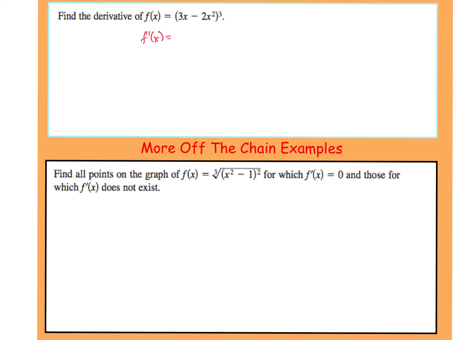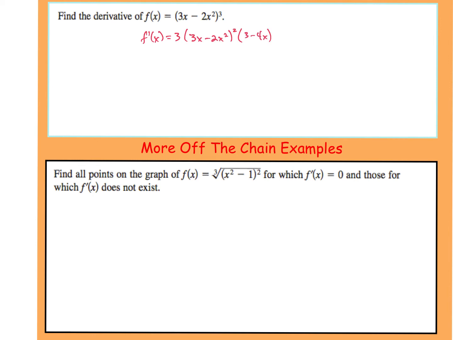Yes. And so my innermost composite is this 3x minus 2x squared, right? So what goes out front? A 3. So now I have 3 times (3x minus 2x squared) to the power of 2. But then by the chain rule, what pops out? 3 minus 4x. Very good.